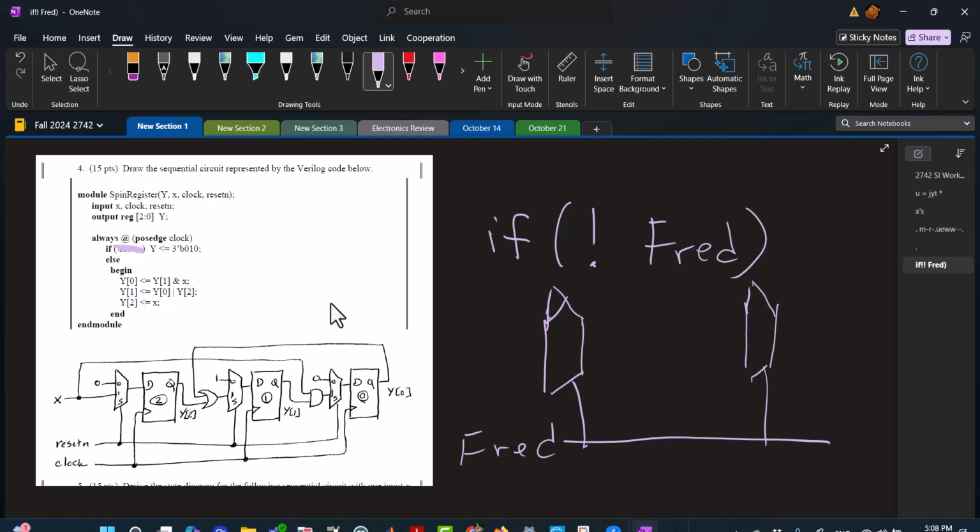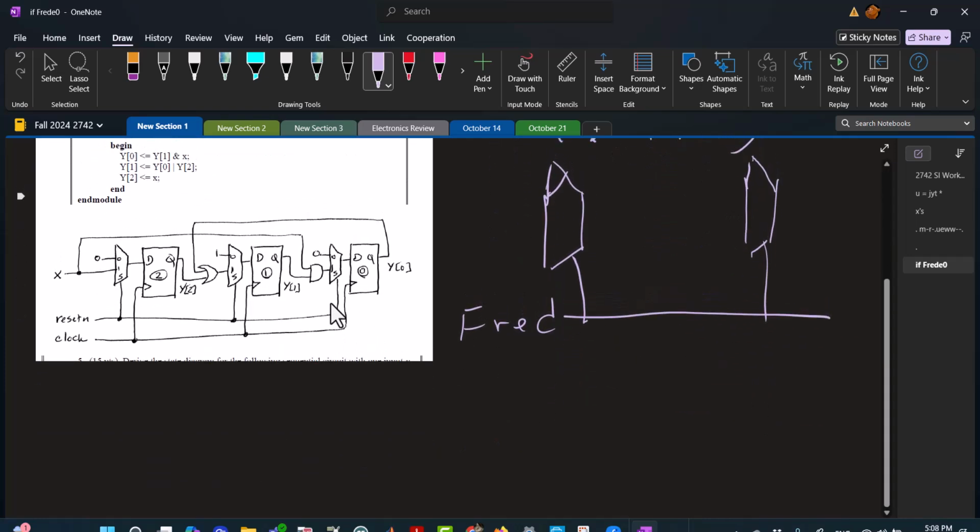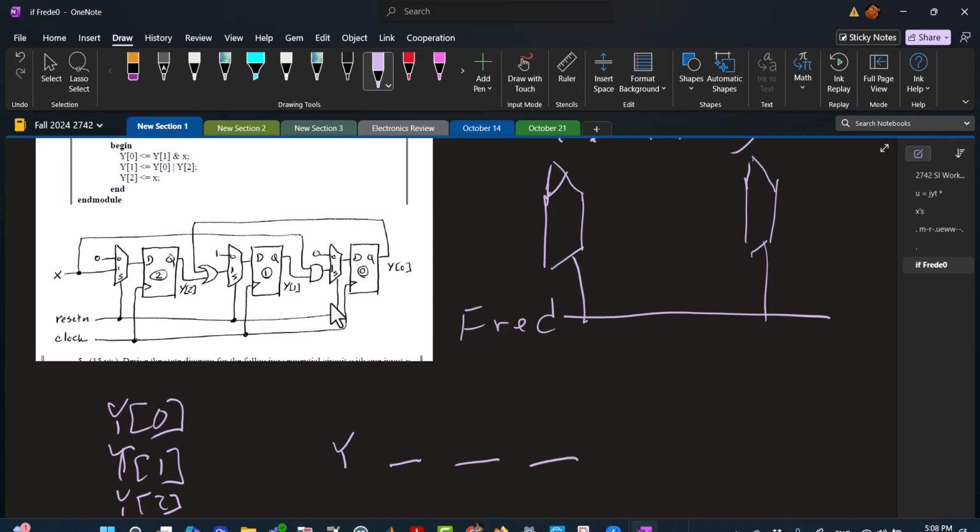This is saying if Fred is 0, so if not Fred, that means if Fred equals 0, then Y, and in this case we have Y0, Y1, and Y2, but we also can think of Y as just 3 bits: the 0th bit, the 1st bit, and the 2nd bit.